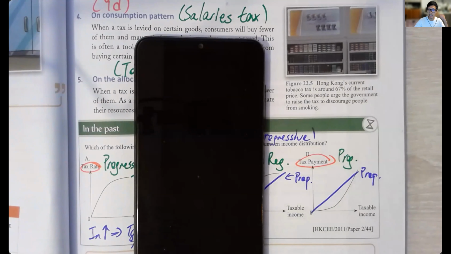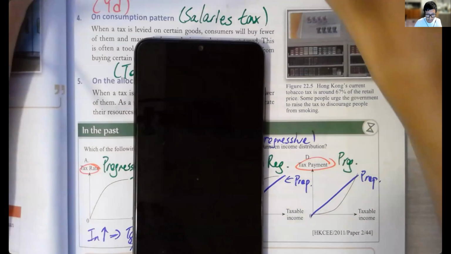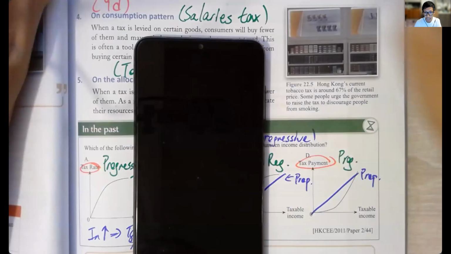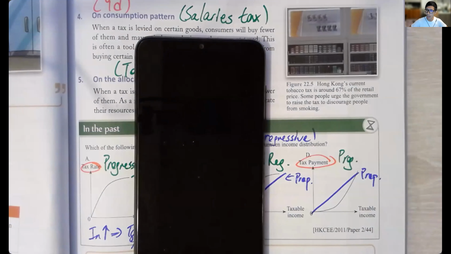What about the next one? Very similar. This time you see what happens? The new tax structure has a lower allowance, and the standard tax rate, you see the new is also lower. So what happens?